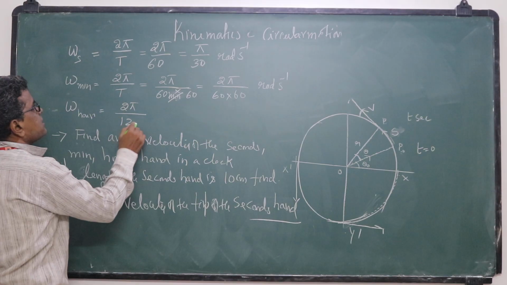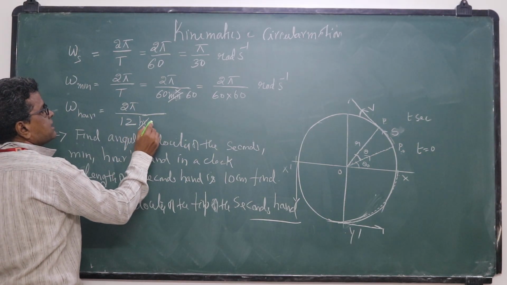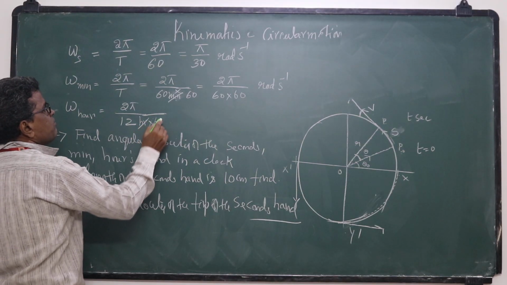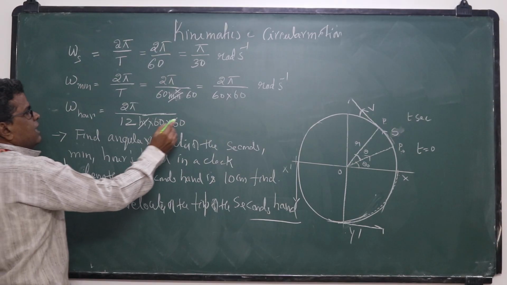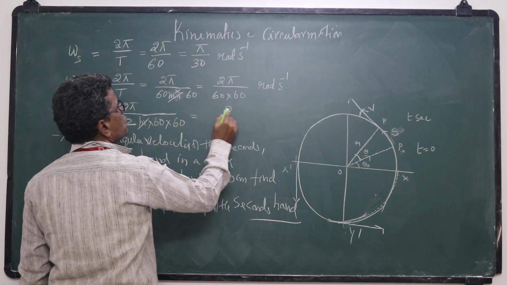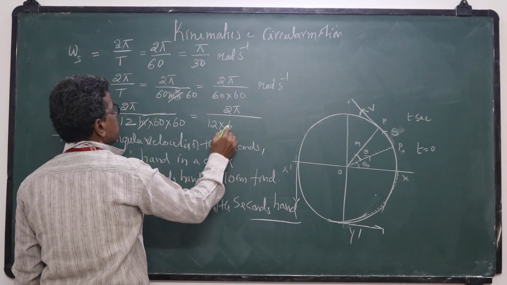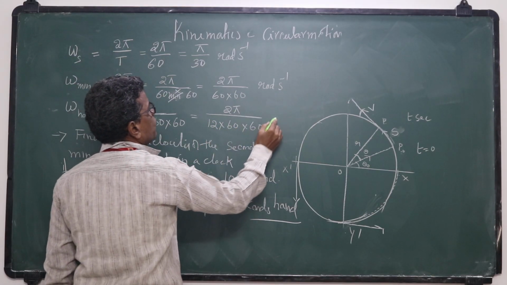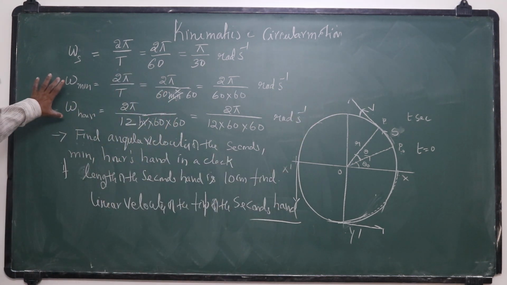You convert hours into minutes, seconds. 1 hour is 60 minutes into 60 seconds. So what is this? 2 pi by 12 into 60 into 60. The unit is radian second inverse. So this is the procedure to calculate angular velocity.